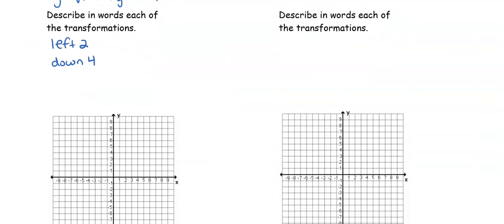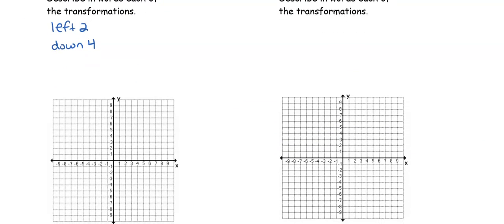So let's go ahead and plot these points that we found. We saw -2, -4. We saw -1, -3. And we saw 2, -2. And that supports what we found.